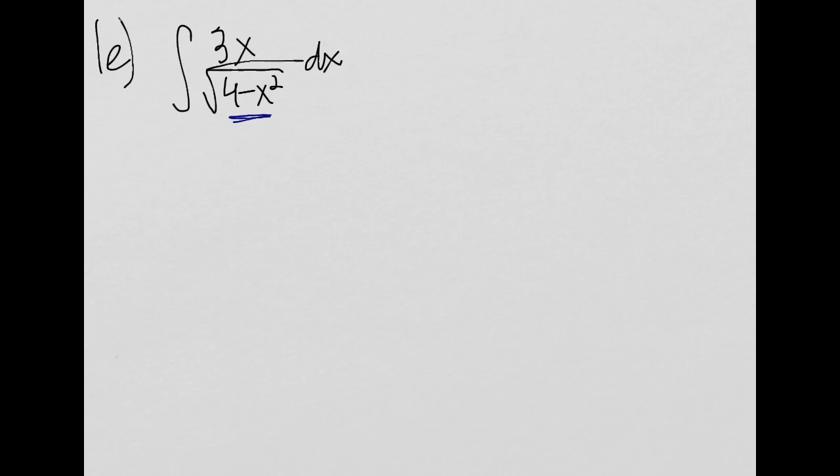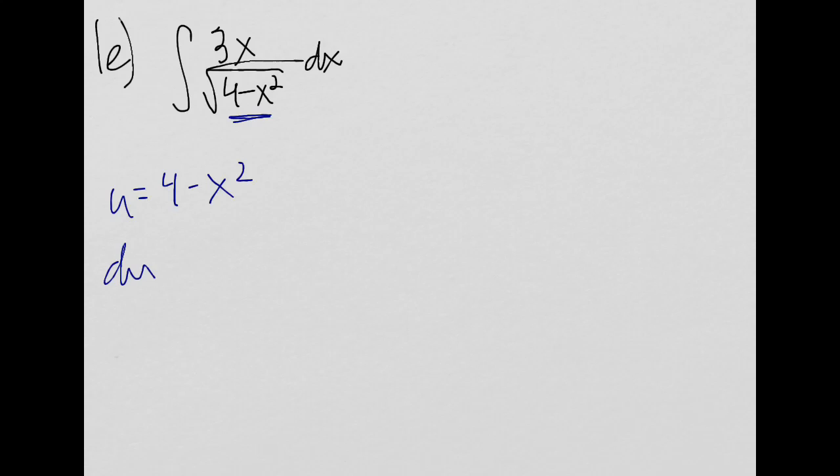What I need to do is look at this as a u, and then figure out a du that'll match that. The reason I do that is because I've got x squared in the bottom here, and that guy I pointed out up there is a multiple of the derivative of x squared. So I'm going to let u equal 4 minus x squared.